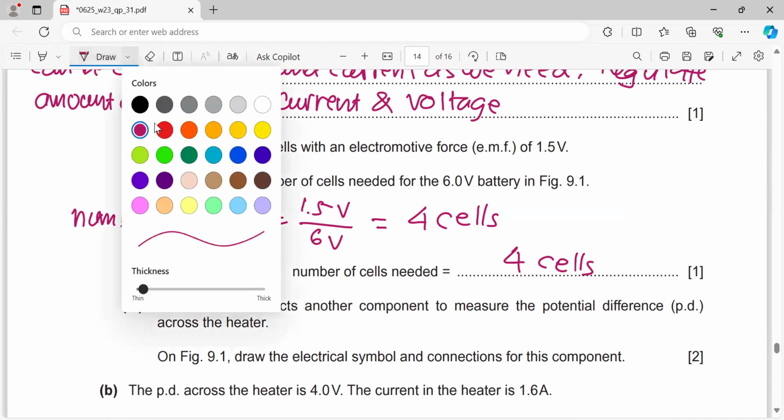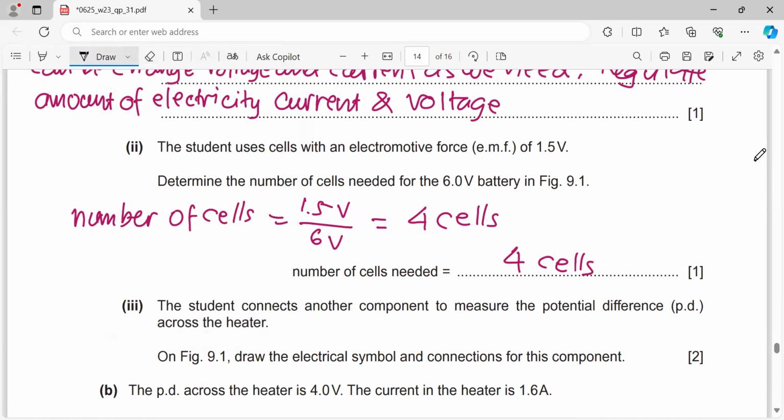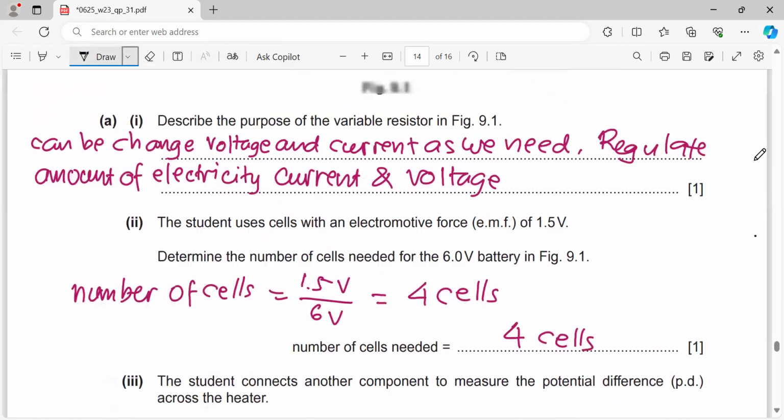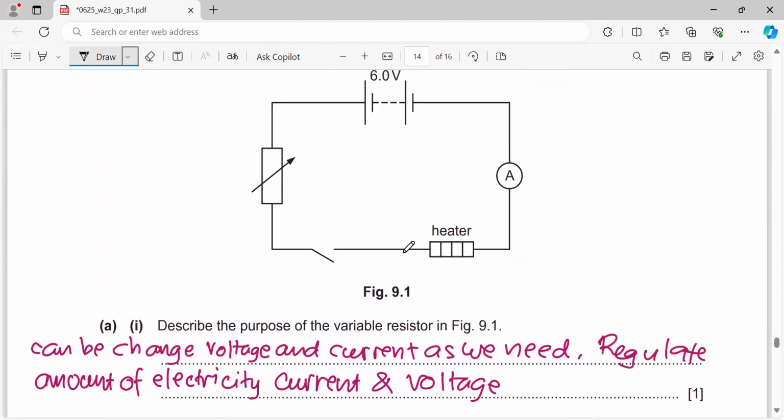So we are going to attach a voltmeter on that circuit. Of course, the voltmeter here. This is the voltmeter. And this is the rheostat or variable resistor.